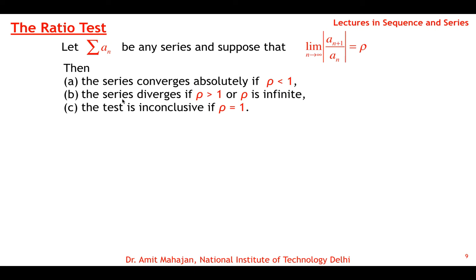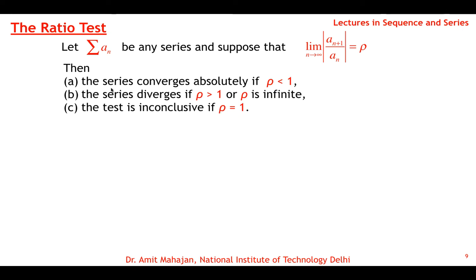The series diverges if the rho value is greater than 1 or infinite. The test is inconclusive if we get the rho value as 1. So if the limit of the ratio is 1, we cannot use this test in this case, and we have to apply something else.